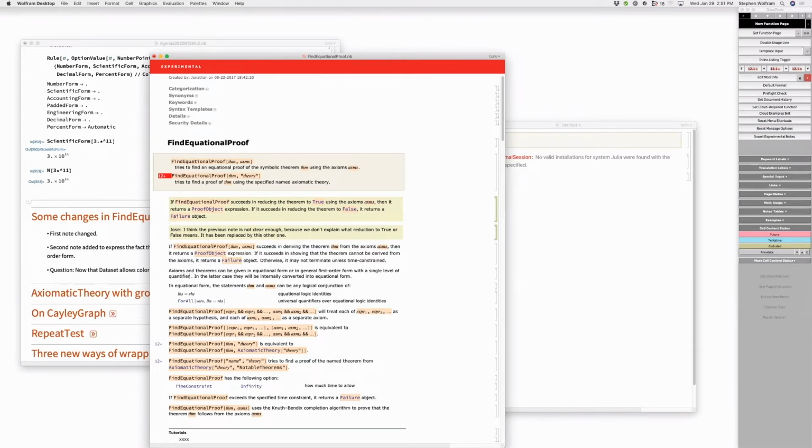Well, the quantifiers can be nested. They have to be independent. I see. Or in general first order form with a single level of dependent quantifier.